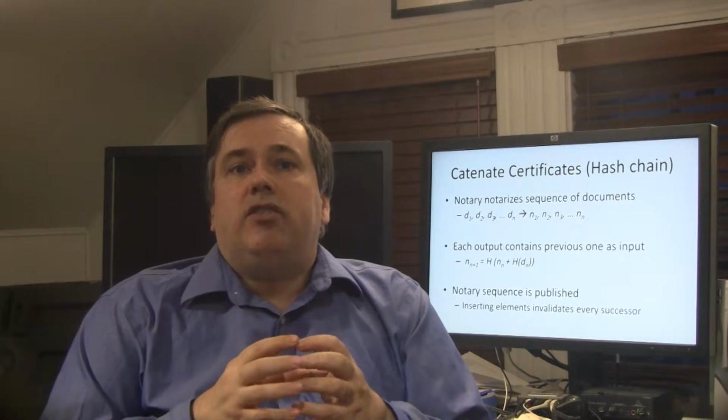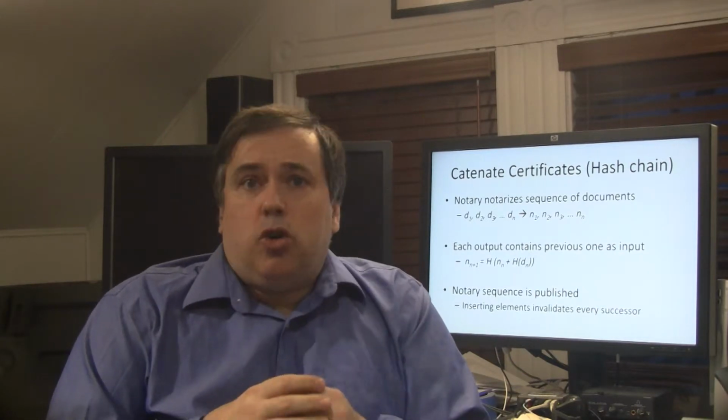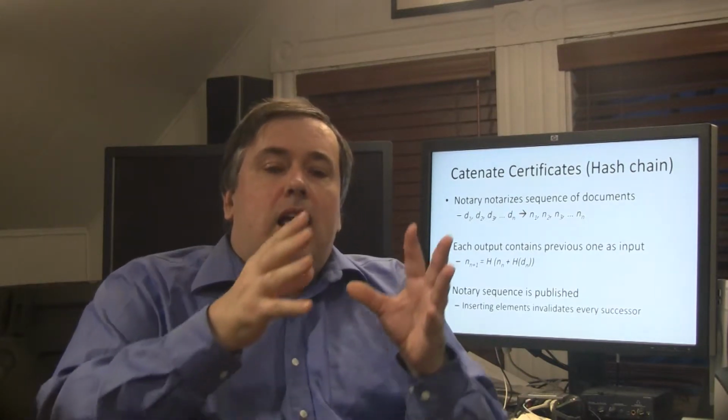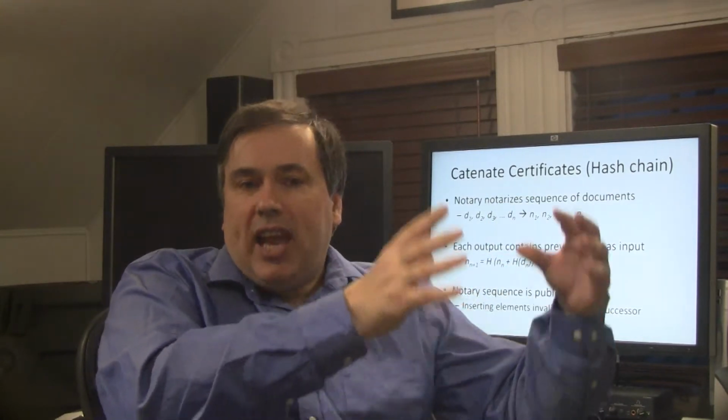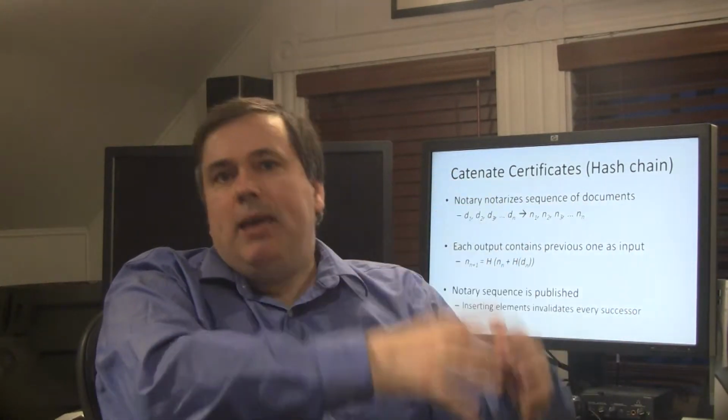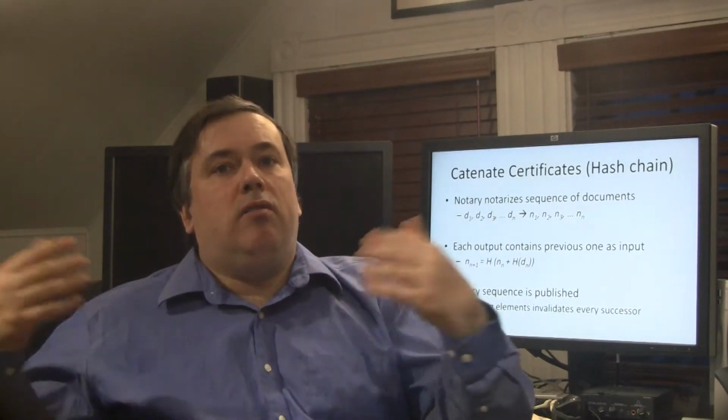In particular, CT is making use of a technical infrastructure called catenate certificates, or hash chains. The notary includes the output of the last block into the input of the next block of documents that they're going to notarize.